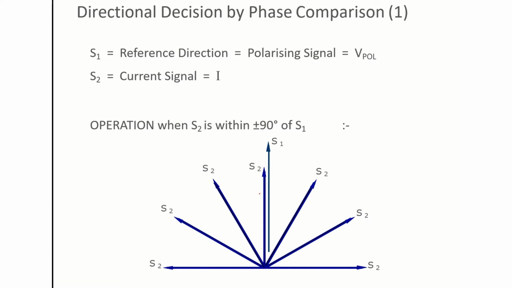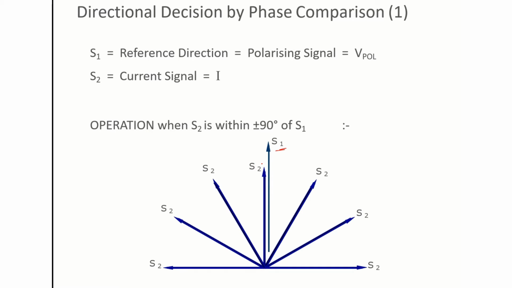We cannot say whether S2 is positive or negative as long as we are seeing only S2. But if we determine the direction of S2 with respect to S1, now we can say that since S1 and S2 are in the same direction, S2 is in the positive direction. So here S1 is the polarizing signal.